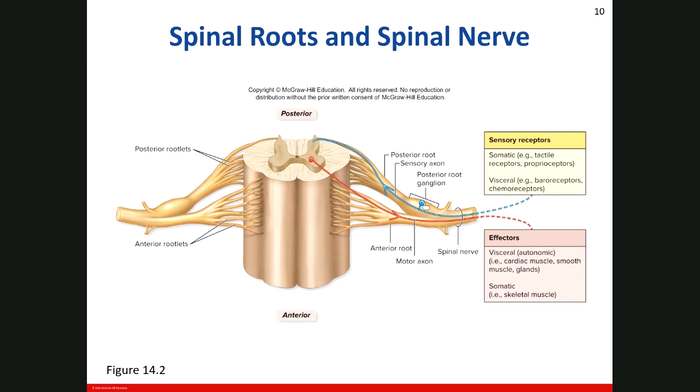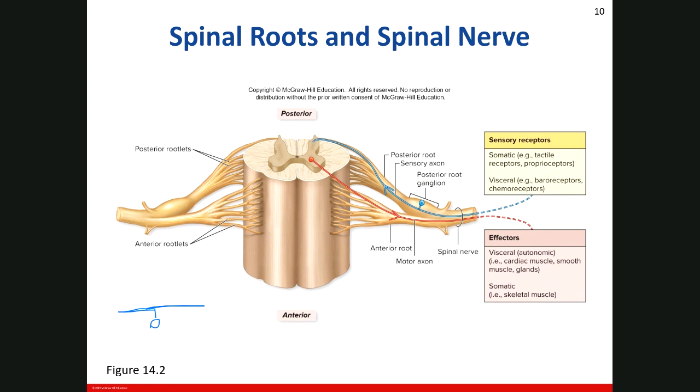You see that here is the cell body. Let me draw the picture here for you. You have one cell body here. One extension comes out of your cell body, and then this extension divides into two parts. Do you remember this is the pseudo-unipolar neuron?